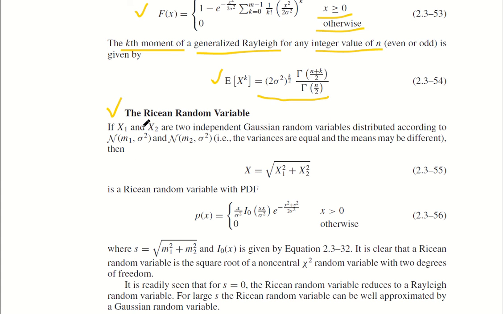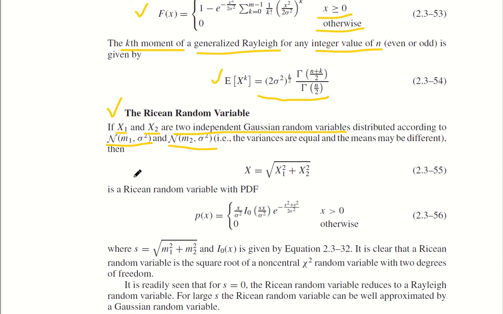And then the Rician case. The difference from Rayleigh is that x1 and x2 are two independent Gaussian random variables distributed according to this and this.